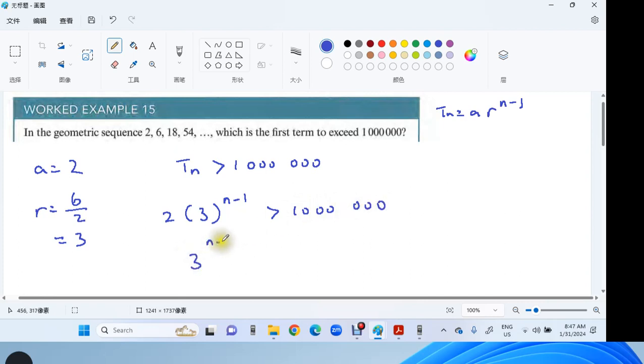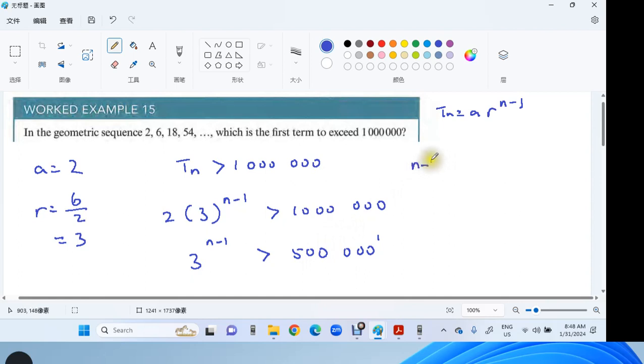So 3 power n minus 1 greater than 500,000. Okay, so we have this one 3 power n minus 1 and 500,000 power 1. So the power is different and the base also different. Then what we can do next will be ln both sides.